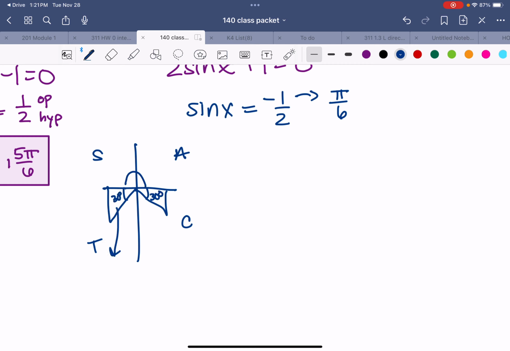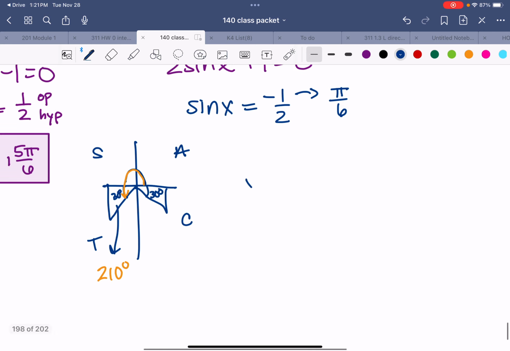So this one, all the way around, is going to be 180 plus 30, which is 210. And if we convert 210 to radians, 210 divided by 180, reduce your fraction, it's going to give you 7 pi over 6. So x equals 7 pi over 6.